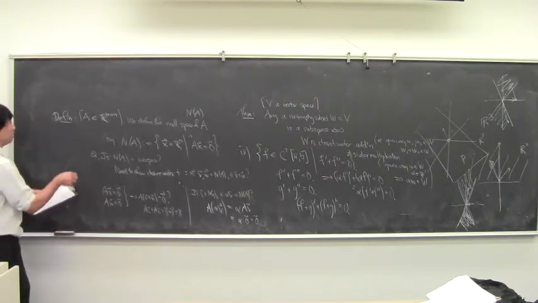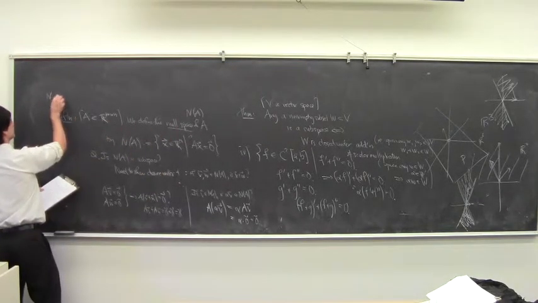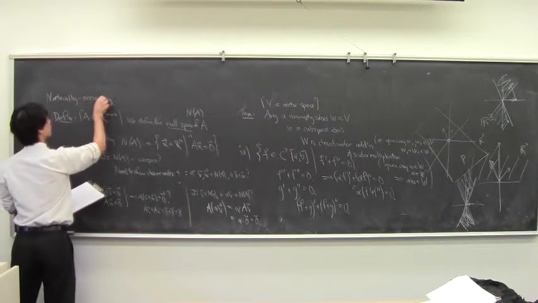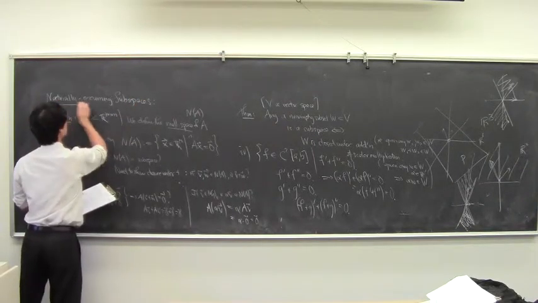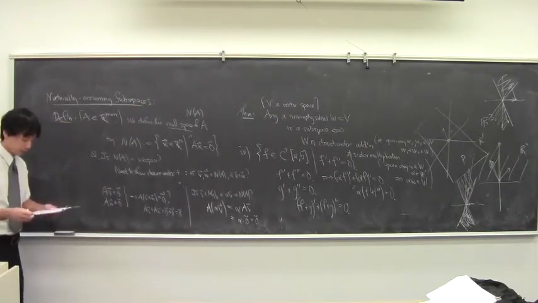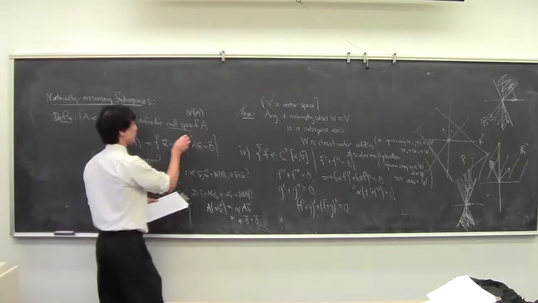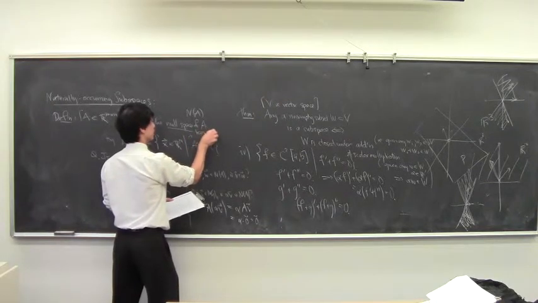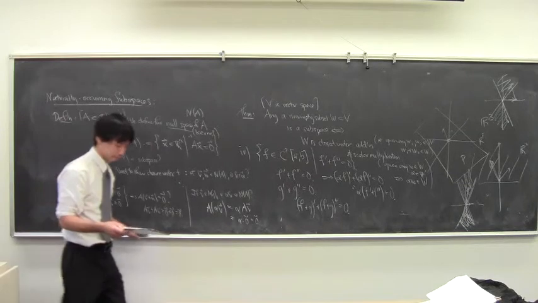Okay, so this is an example of a naturally occurring subspace. So the null space will be pretty important. The null space is also sometimes called the kernel, K-E-R-N-A-L.